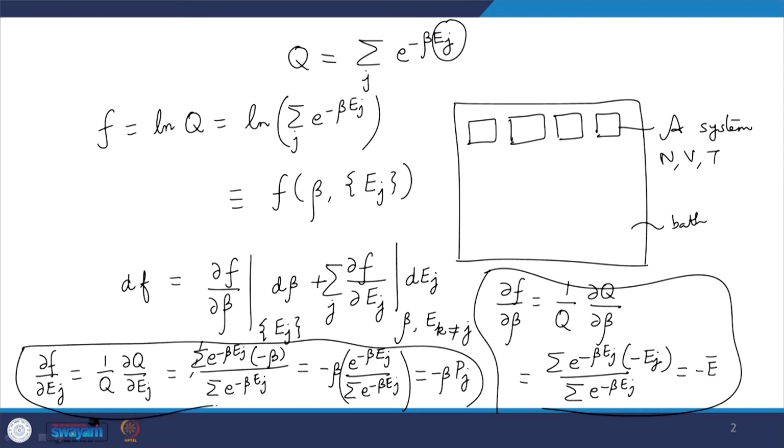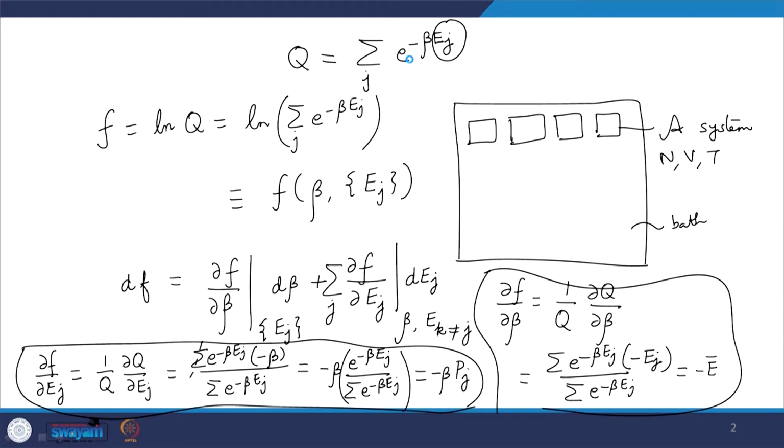So, therefore, if I now put whatever we have got here and earlier in the previous expression, what we find is dF is equal to minus E bar d beta minus beta pj dEj, summation over all j. You can notice that I am replacing this quantity by minus beta pj and this quantity with minus E bar.